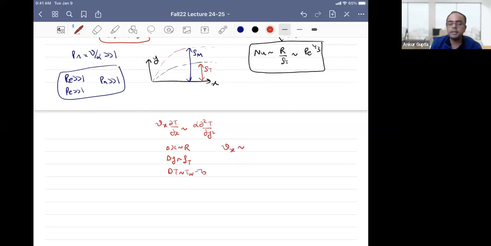And what do you think will be Vx? Anybody wants to suggest? What do you think will happen to Vx? Is it still scaled by the momentum boundary layer? Yes, absolutely. So this is U delta T by delta M. Right now, it's not radius R. For a creeping flow, that length scale was the radius, but now it is delta M. And do we know how delta M scales?